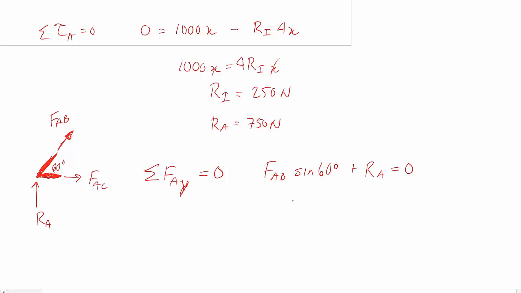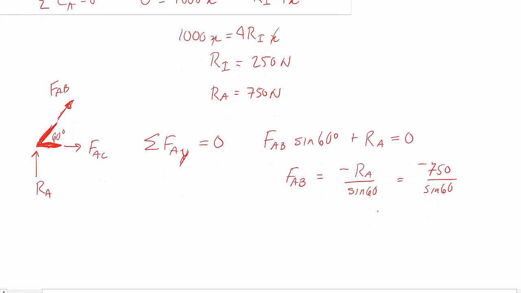So FAB equals negative RA over sine 60. So that's negative 750 over sine 60. And I believe that gets me FAB is equal to negative 866 newtons.